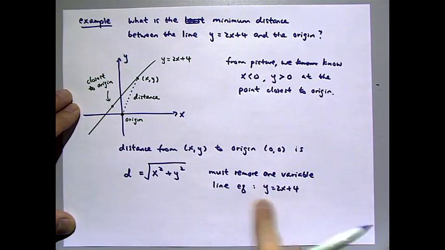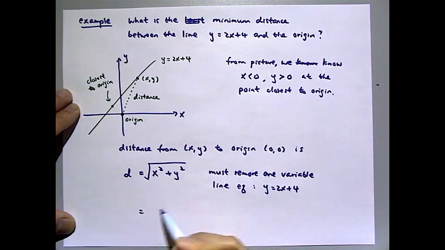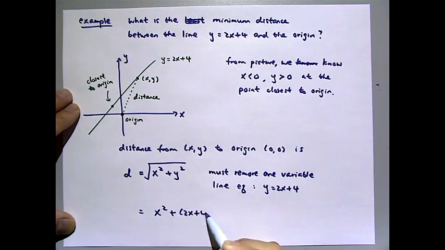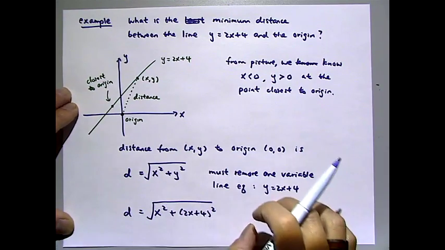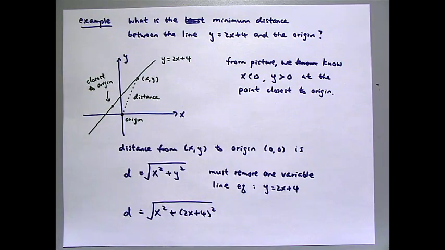So we can remove that y by doing this. Okay, the distance equation now only has one variable.